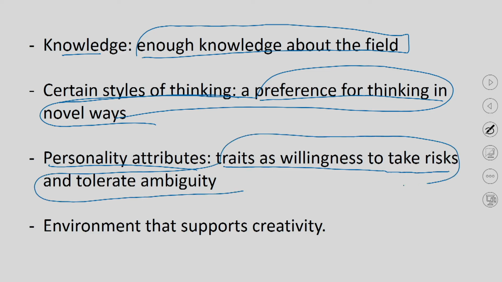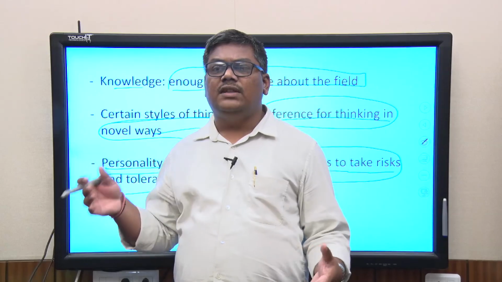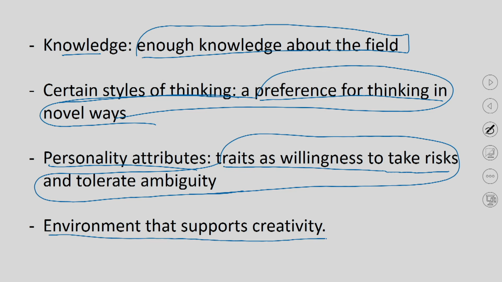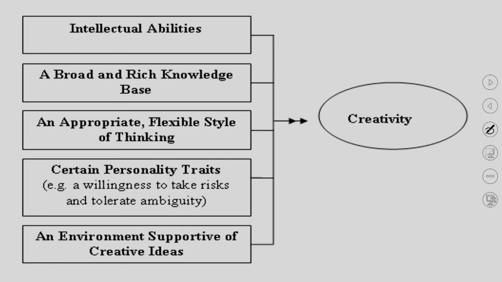Now, these people are able to not only take risks where the solution does not work, but also tolerate ambiguity. They are fine with ambiguous solutions, they are fine with uncertain situations. And an environment that supports creativity, certain kinds of environments, for example enriching environments, environments which give you some kind of a boost, are very good for creating creativity.